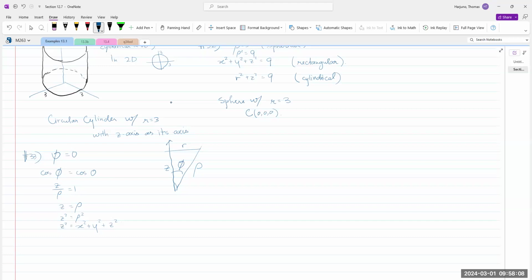Oh, yeah, that's right. Then I get x squared plus y squared equals 0. But this only means x and y have to be 0, right? For every z. In other words, we have coordinates (0, 0, z). Oh, this is just the z-axis.